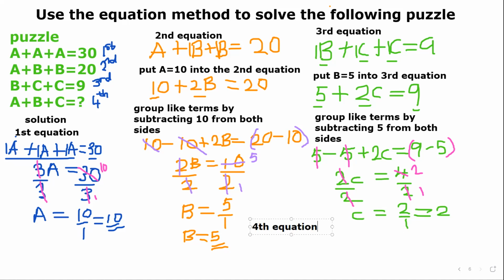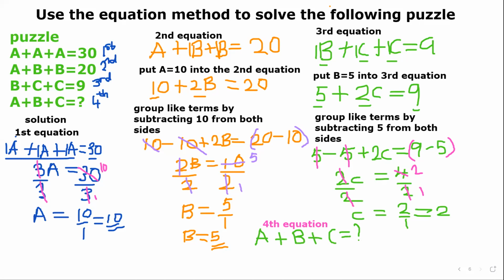The fourth equation says what? The summation of A plus B plus C will give you what? That is the question mark.